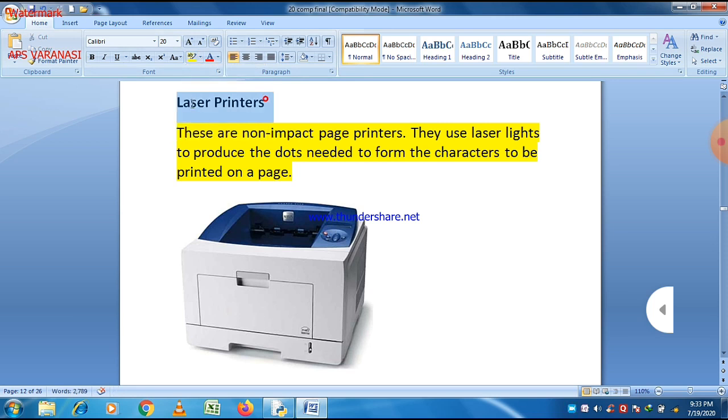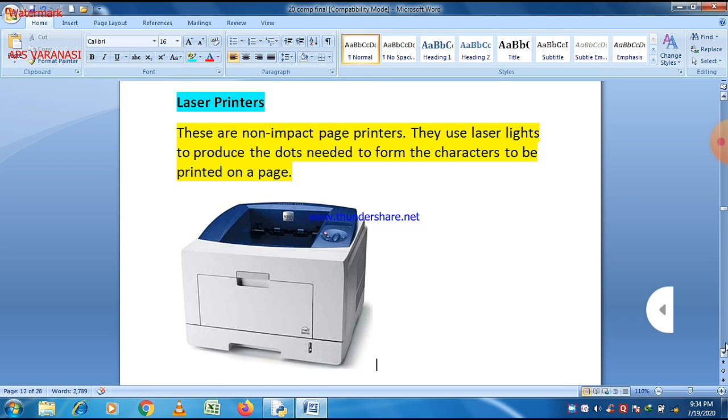So always remember that a laser printer uses laser light to produce dots, and the dots are needed to form the characters which we want to print on a page.